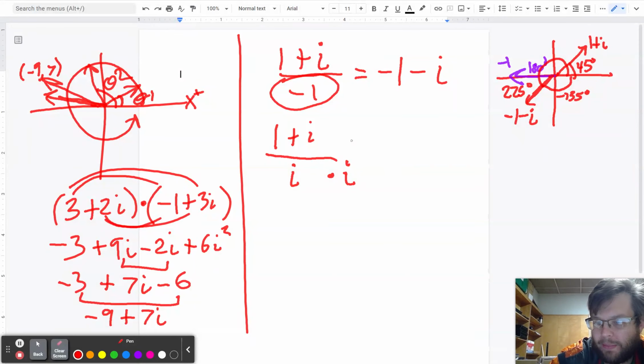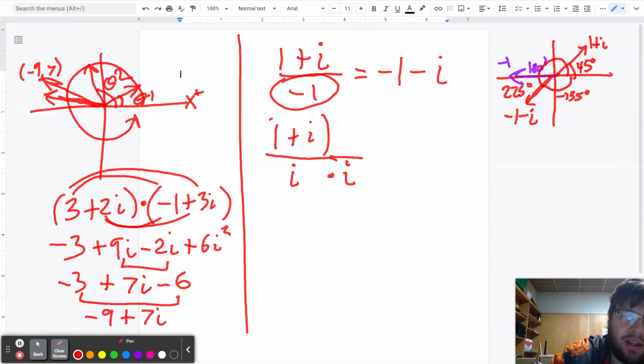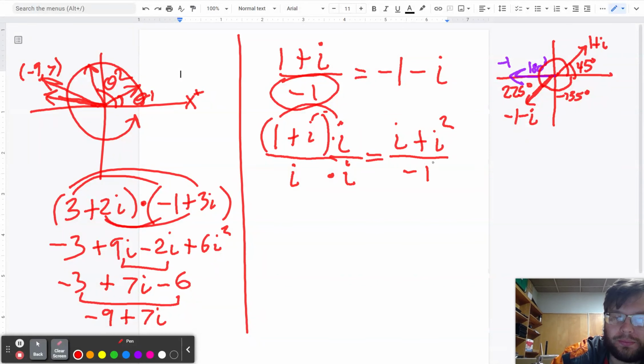But if I multiply the bottom of the fraction by i, I also have to multiply the top by i. So that gives me, distributing the i on top, i plus i squared over -1.